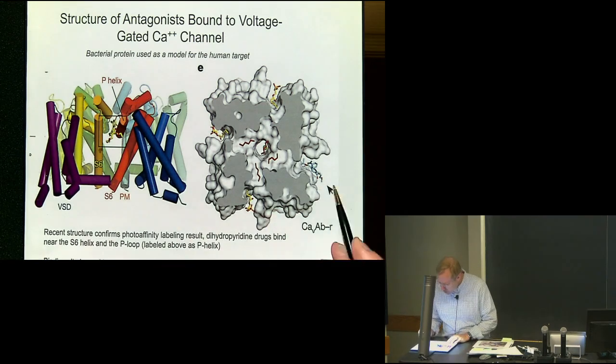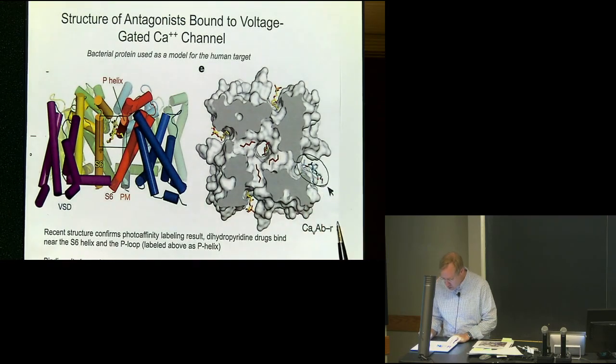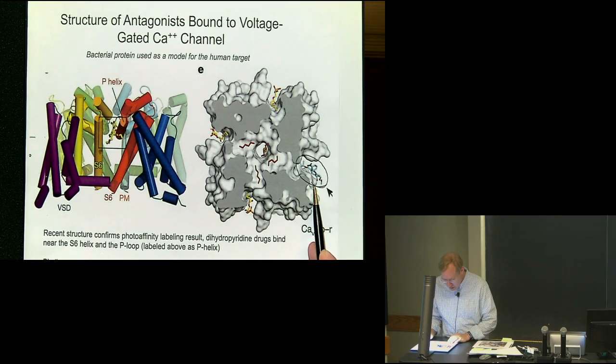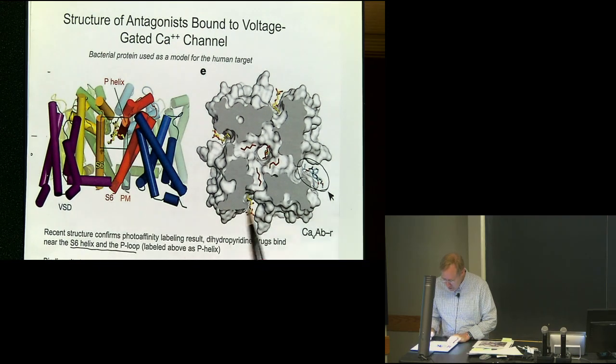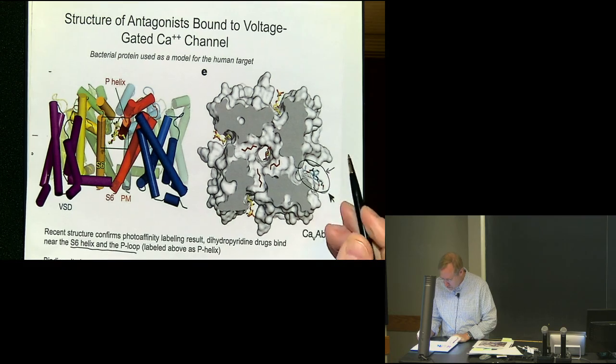And the recent structure shows that this is where the nifedipine binds. And it's actually binding close to the S6 helix on this P loop, but it's kind of interesting because it's on the periphery of the protein.